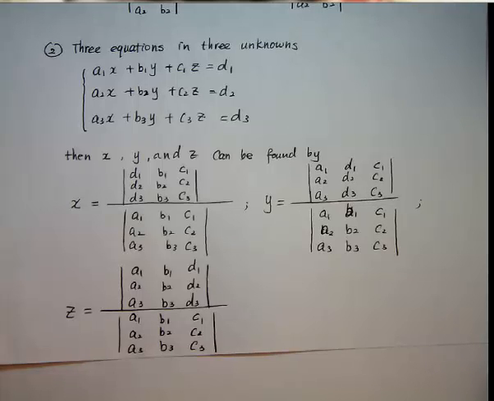Let's take a look at some examples for this Cramer's Rule, how to use that to find the system of equation solutions. Let's start with the 2 by 2 case, and then we go to 3 by 3.